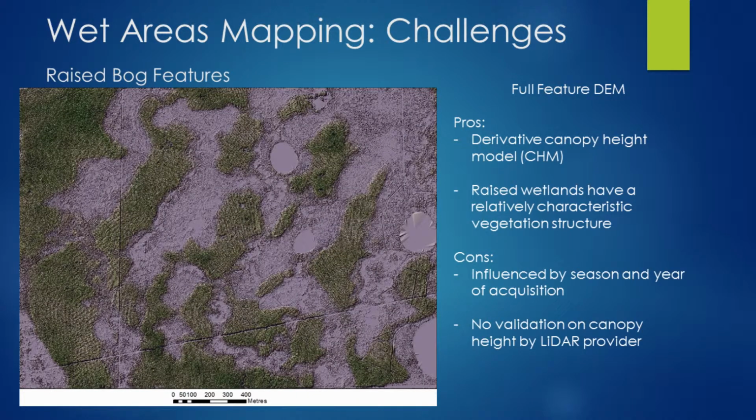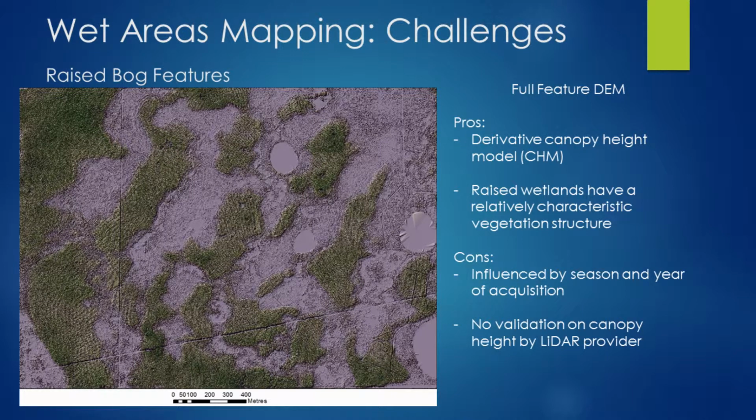When we had a look at the full feature data set, there were some pros associated with that as well. We can derive canopy height models very easily, and these raised wetlands have some fairly characteristic vegetation structures. So we thought maybe we can tease out some information based off of the canopy information associated with these wetland features. Some of the cons, again: it can be influenced by the season and the year of acquisition.